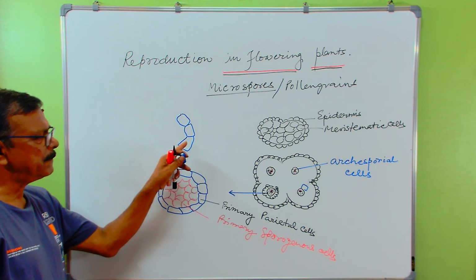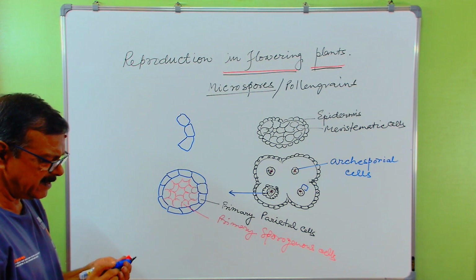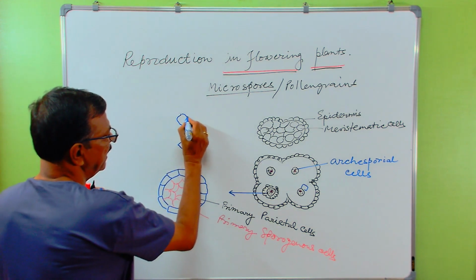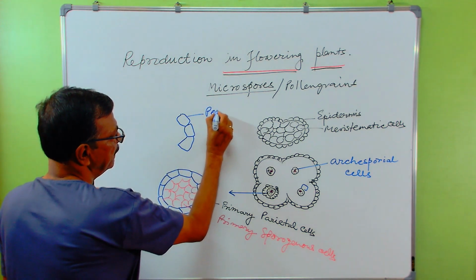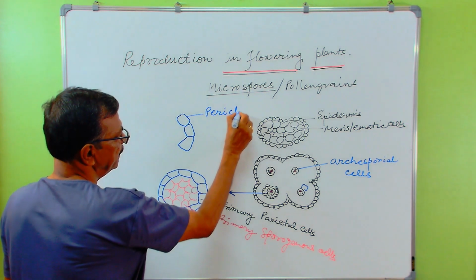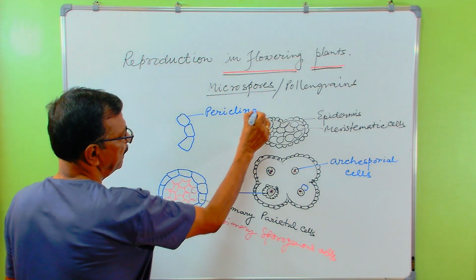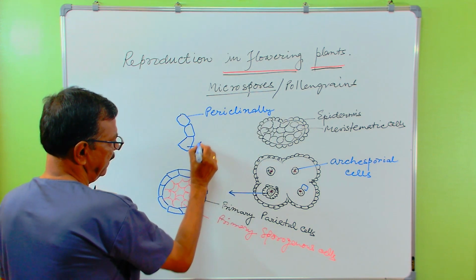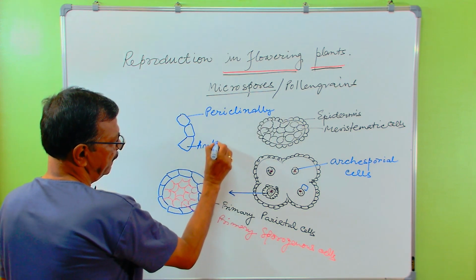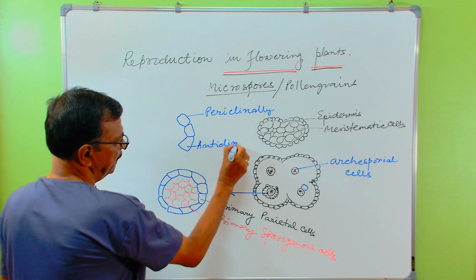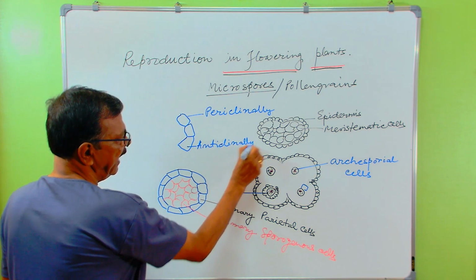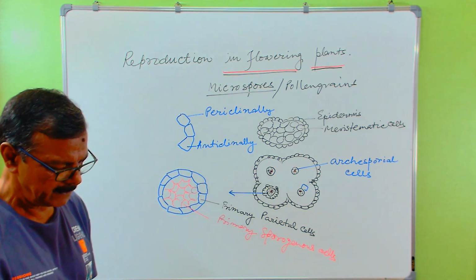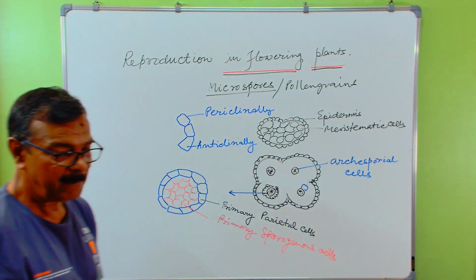These primary sporogenous cells divide periclinally and anticlinally. What does it mean?